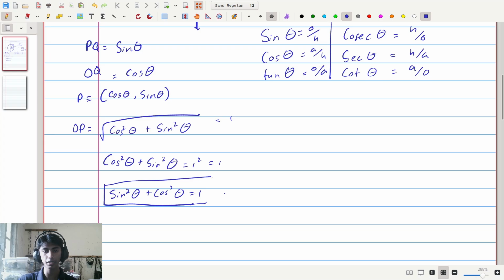We need to know this relationship, the fact that for any theta, for now we'll just say an element of the real numbers, sine squared theta plus cosine squared theta is equal to 1.